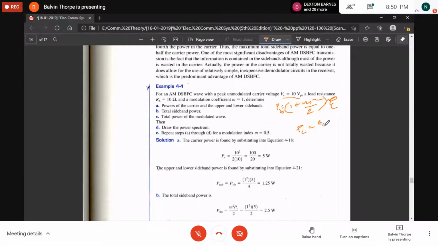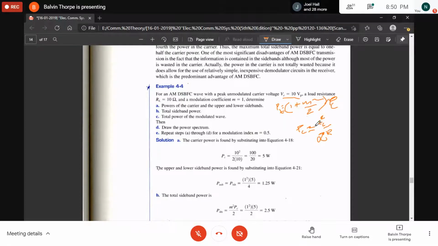And we're given what R is, and this is not alpha, it's actually R. So we're given what EC is, we're given what R is, so we could find PC. Finding PC, we know what the modulation index is, in this case it's 1, so we could find the total power.